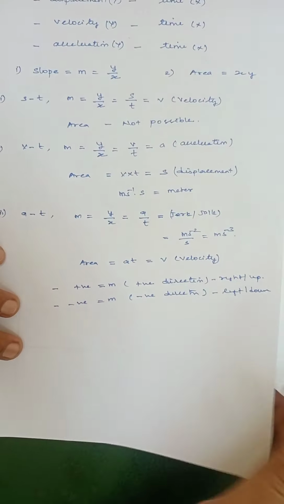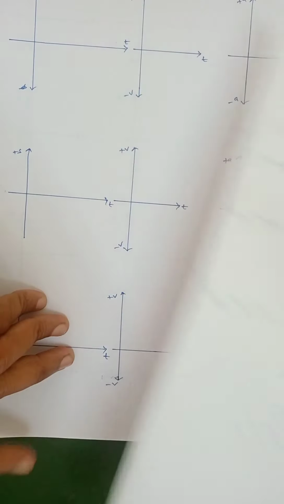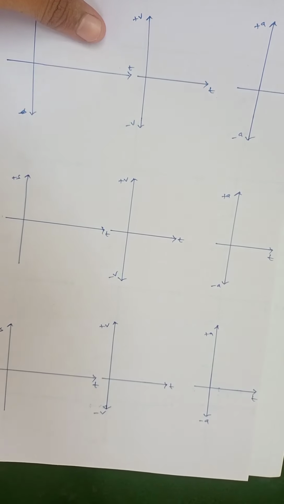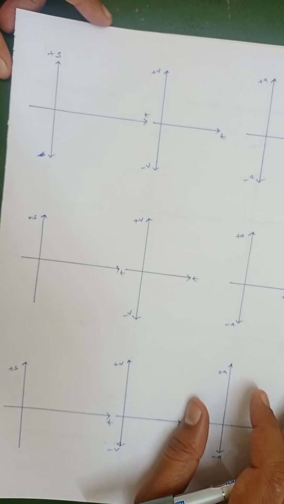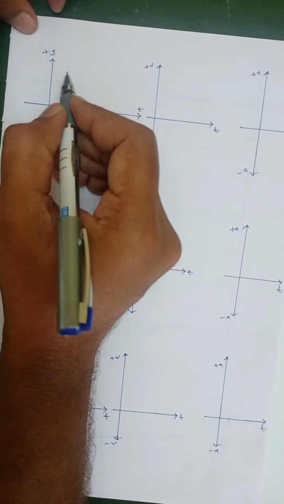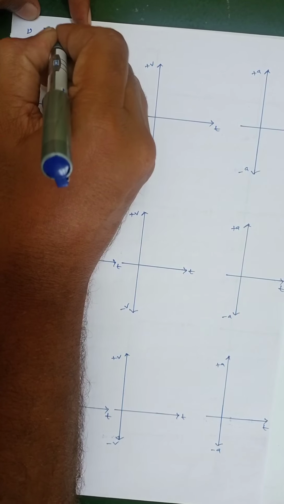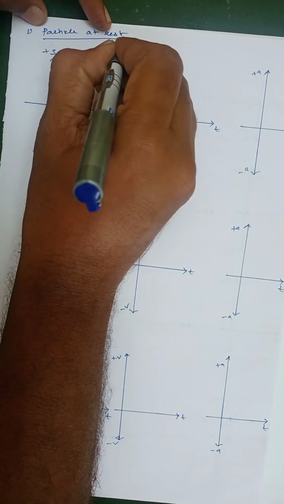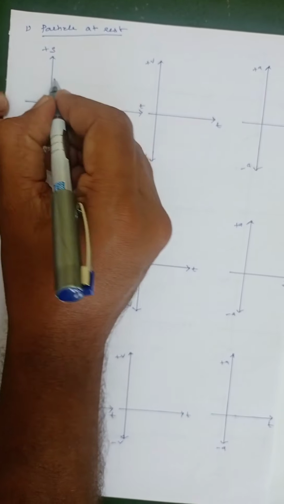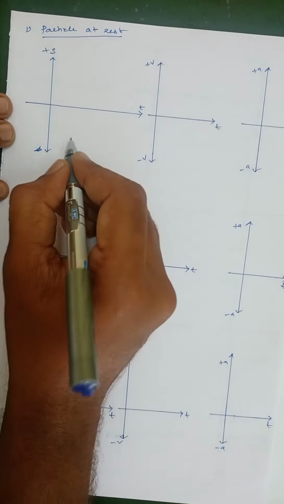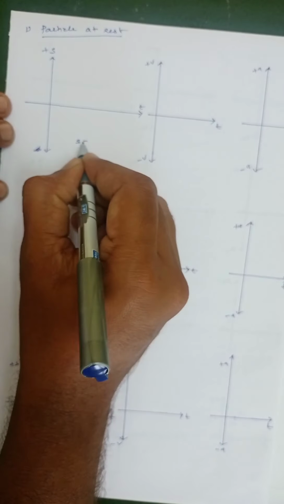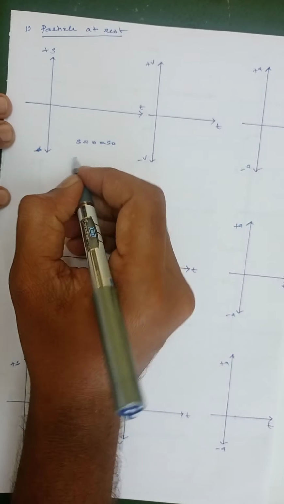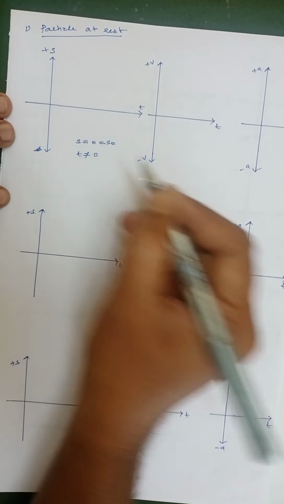So first, some graphs. First, the particle at rest. Particle at rest gives displacement s equal to 0 or s naught, where time is not equal to 0.